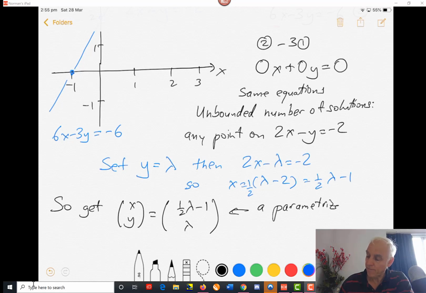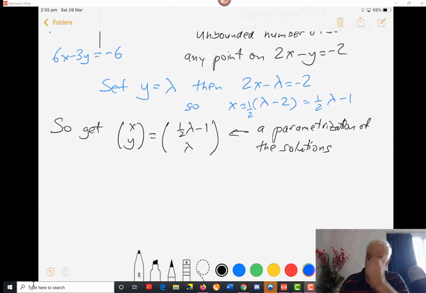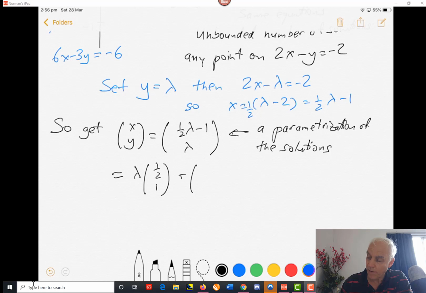So you plug in any value of lambda into this expression, and you're going to get a solution. In other words, a point on the line. We do recognize here a parametric equation for the line, and I remind you that we can rewrite this by taking the lambdas out. So we could write this as lambda times the vector (1/2, 1) plus the vector (minus 1, 0). And what does that tell us?